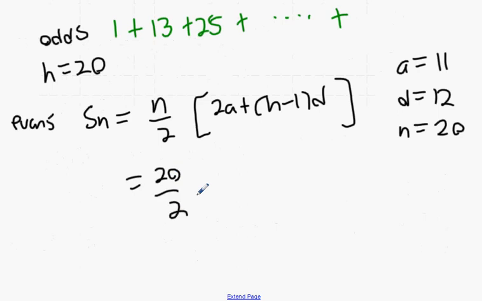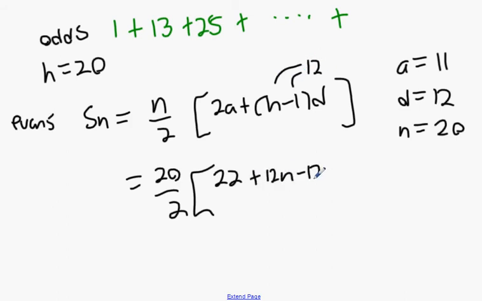It's going to be 20 over 2 into 2 times a, which is 22. D is 12. So you're going to get 12n minus 12. And then you're going to get 10 into... Oh wait, we know the n value, don't we? So I messed that up there.